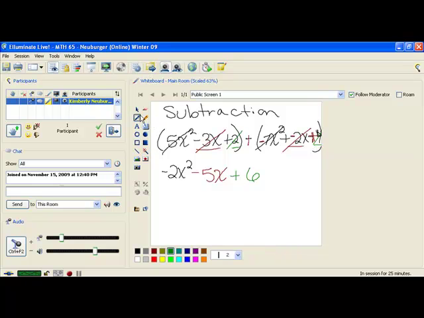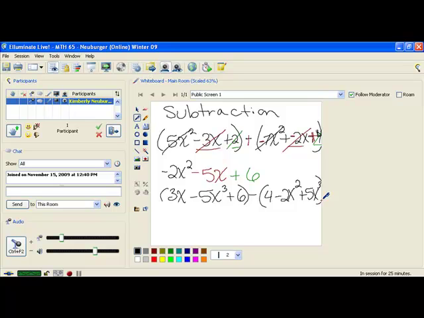Let's try one more of these. Let's say that I have 3x minus 5x cubed plus 6 minus 4 minus 2x squared plus 5x cubed.